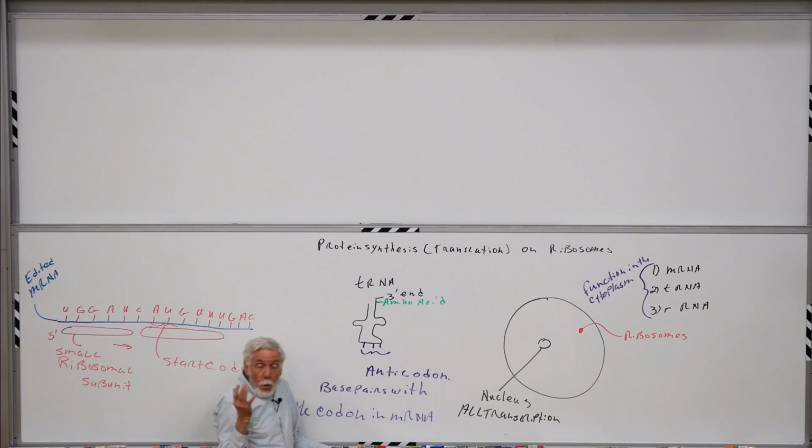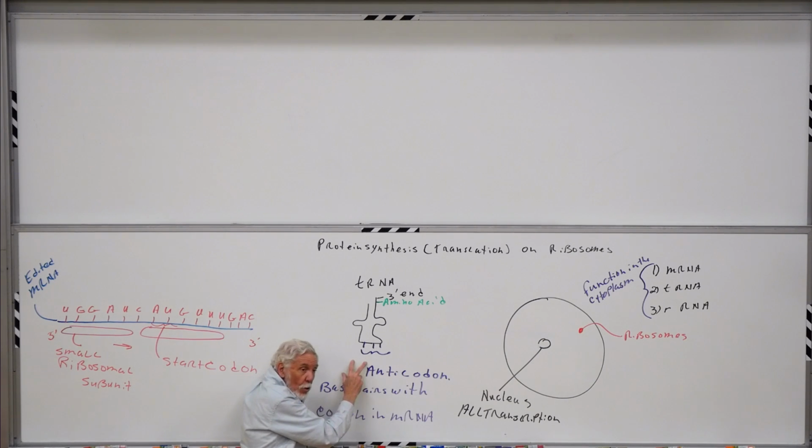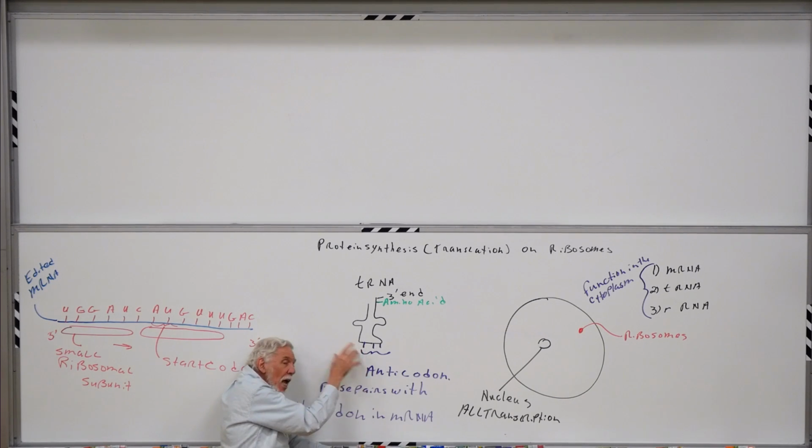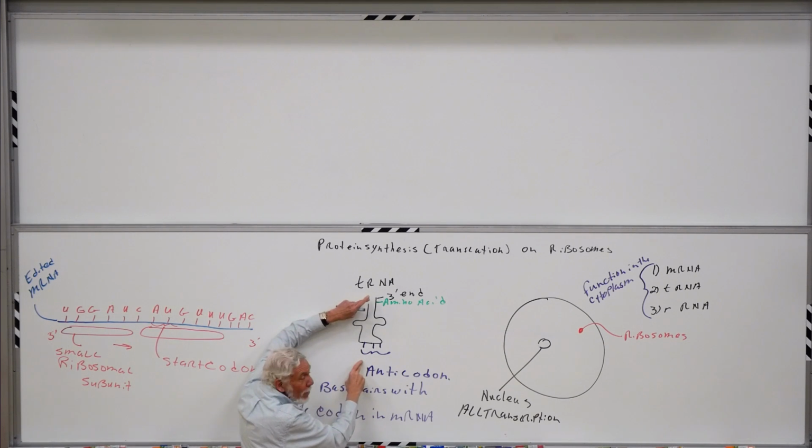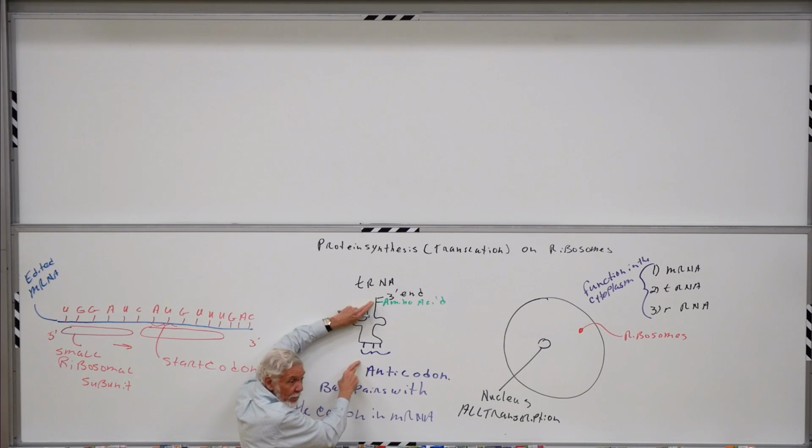Now, as we said before, there are some 64 different possibilities of the codons and a similar number of anticodons. But each anticodon will determine what amino acid that transfer RNA is going to carry.